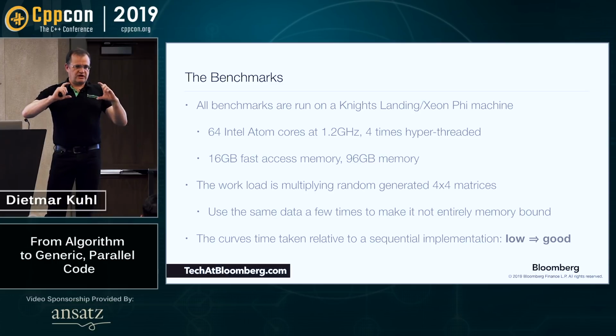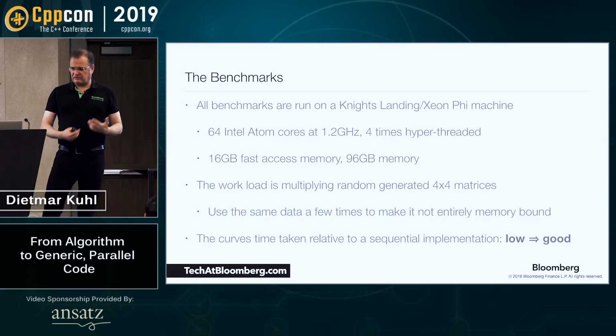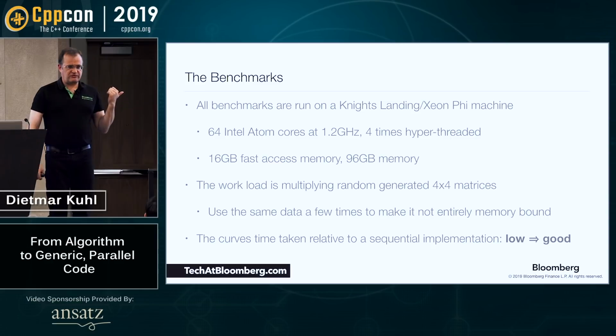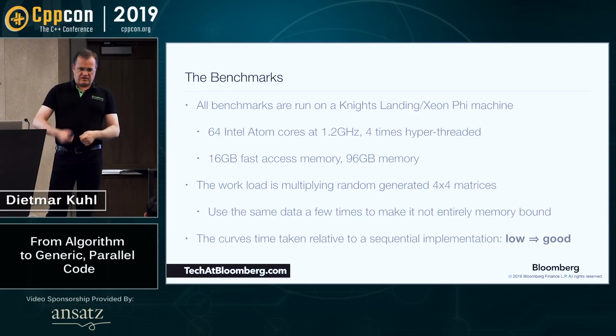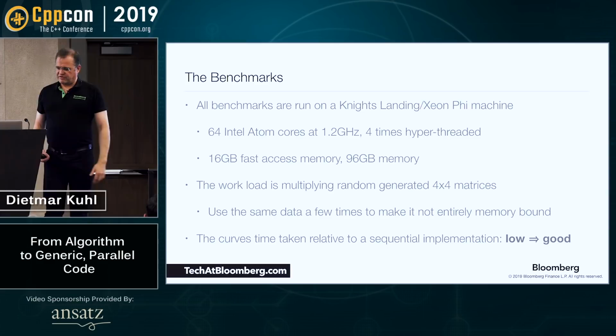They're all on one chip. It has 16 gigs of relatively fast-access memory on that chip, in addition to whatever caches it has. And it's 4 times hyper-threaded. So if you run a parallel program over there, standard libraries typically report that it has 256 hardware threads. So it should actually be massively faster.